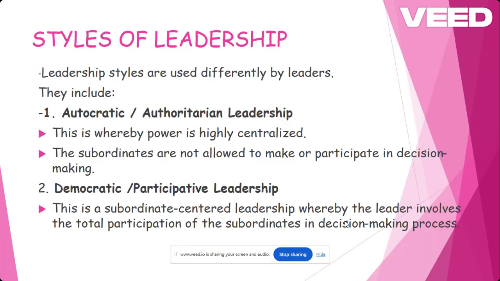Some may take advantage of the trust and the freedom you're giving them because they know that they take part in the decision. So they feel like they'll have laxity. They'll feel like they can do things at their own pace because the leader brings them in mind and has them take part in the management of that organization.